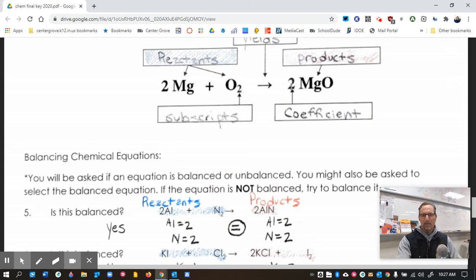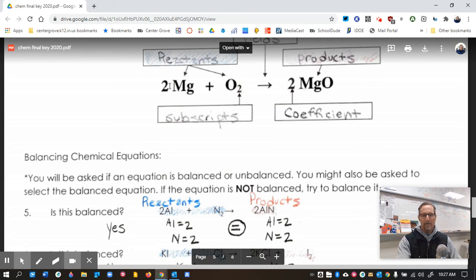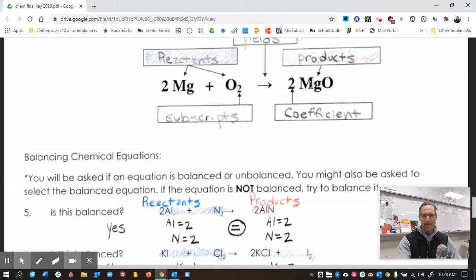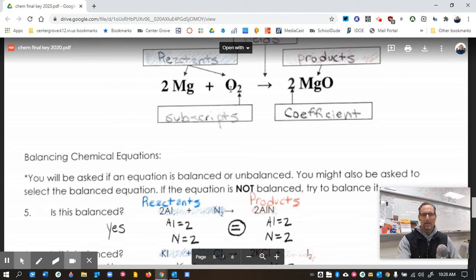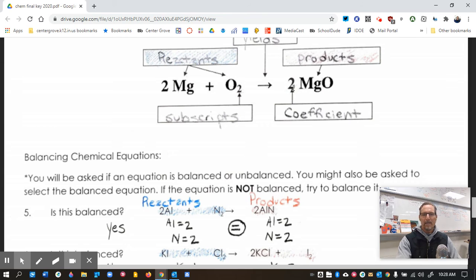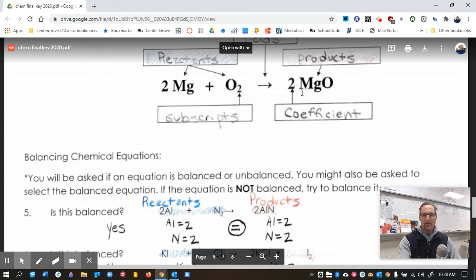The coefficient, though, applies to the entire molecule. So in this example, there are 2 magnesiums over here, and this 2 applies to that entire molecule, so there would be 2 magnesiums there. There are 2 oxygens here because of the subscript. And there are also 2 oxygens on the product side because that 2, again, applies to the entire molecule. So the magnesium and the oxygen.